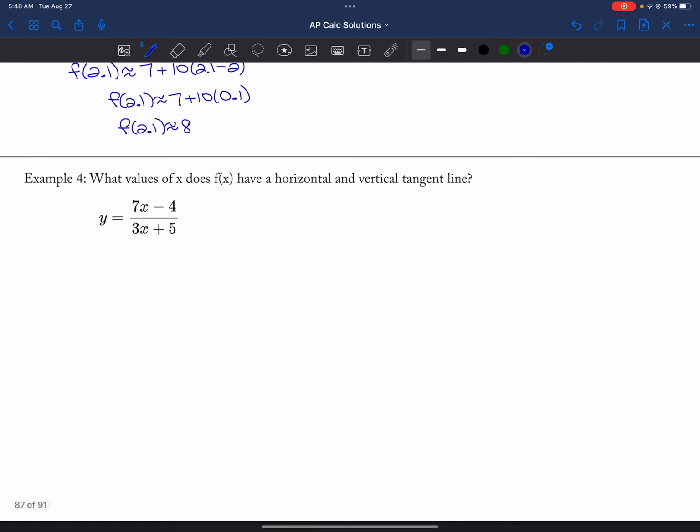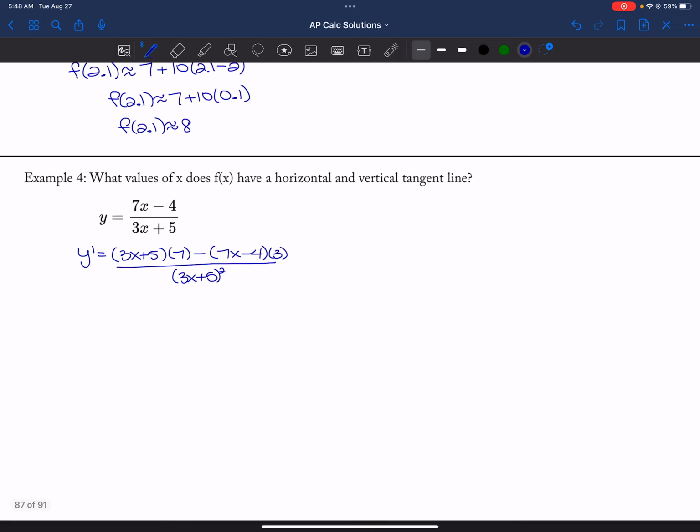All right, so now values of vertical and horizontal tangent lines. First I need to find a derivative, and then we'll define some things. So 3x plus 5 times 7 minus 7x minus 4 times 3, all divided by 3x plus 5, the quantity squared. Okay, so I keep wanting to scroll up, but it doesn't do it that way in GoodNotes.